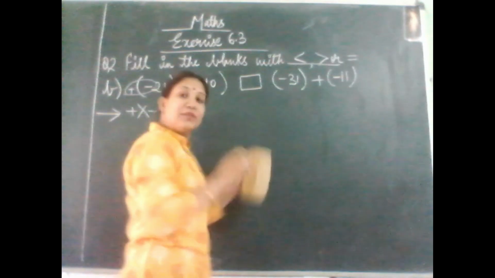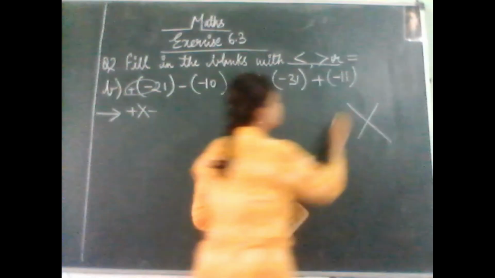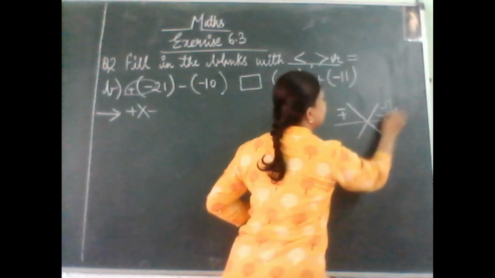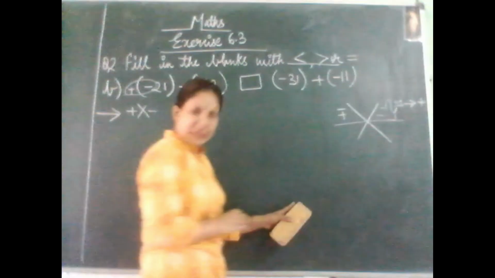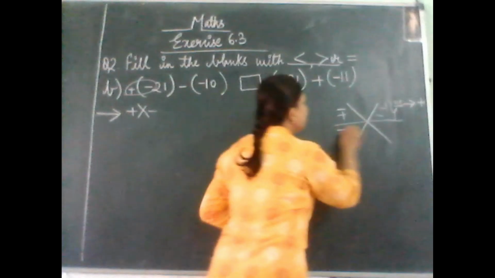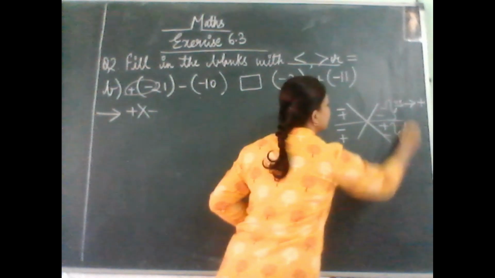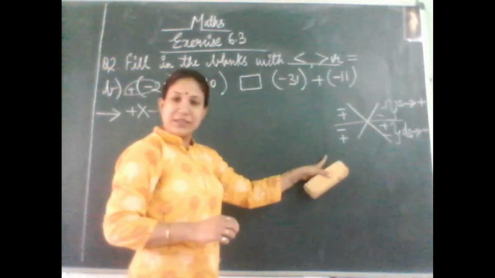Now we will again discuss the rule for multiplication, which states that if you have to multiply two integers with the same sign, you put a plus sign, and if you multiply integers whose signs are different, you put a minus sign.